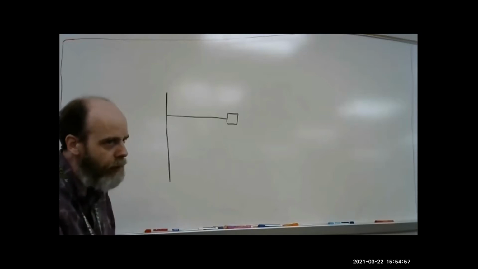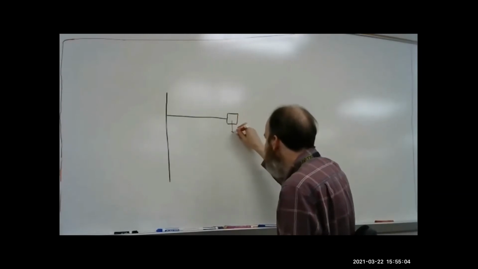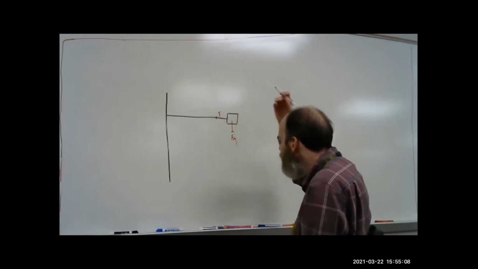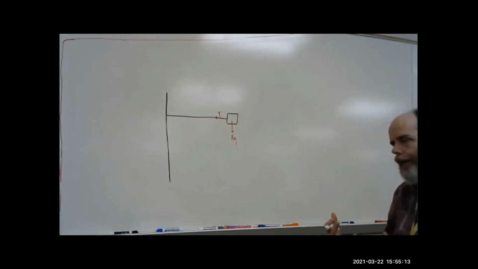Now let's look at the forces on this rubber stopper. First of all, there's the force of gravity. And then there's some tension. Do you think these forces are going to make an external torque acting on the particle?